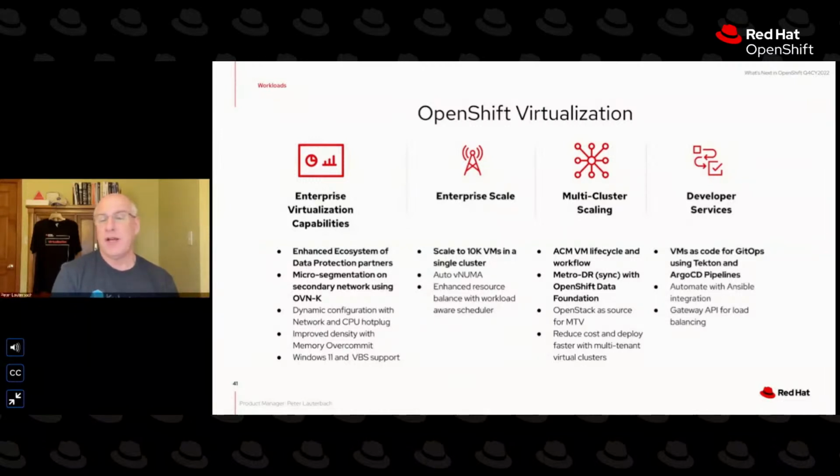As you know, OVN Kubernetes is the standard for OpenShift, and we're enhancing secondary networks so you can use security capabilities like micro-segmentation with virtual machines as well as containers. We're seeing customers scale up their environments. We've published a white paper that showed 3,000 virtual machines under load in a large cluster, and we're looking to scale that up to 10,000 virtual machines in a single cluster.